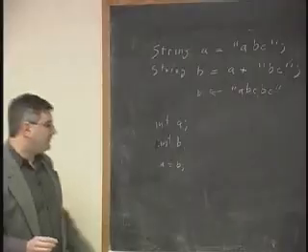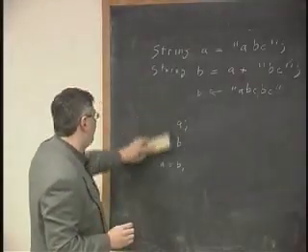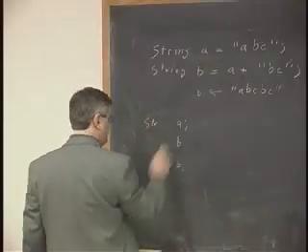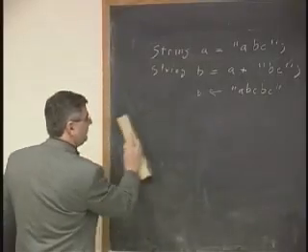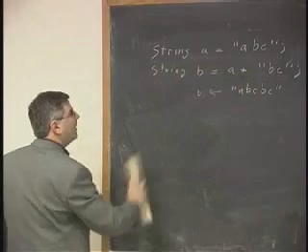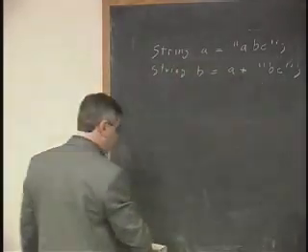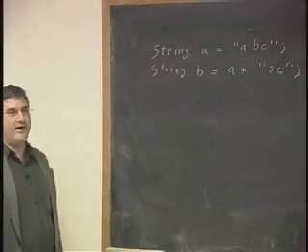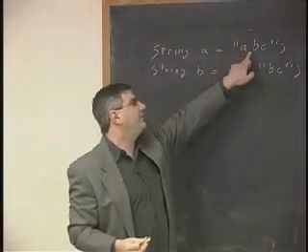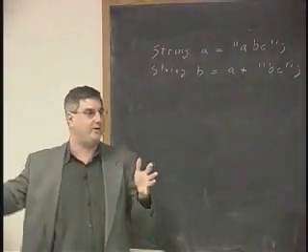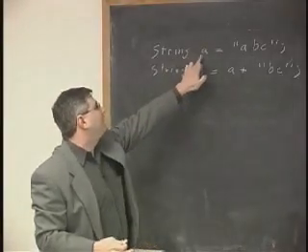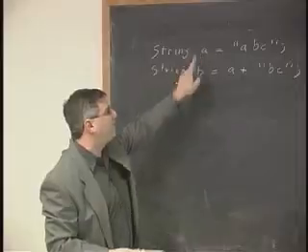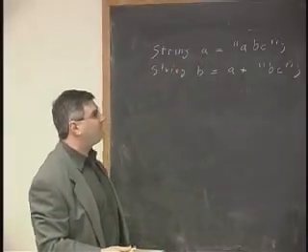Strings work similarly to this, except if we have string A and B up there, so we'll just stick with those. String A and string B, what these actually are holding is a reference. This string, the actual set of characters ABC, isn't being stored in this variable A. What's being stored in this variable A is a reference to it.